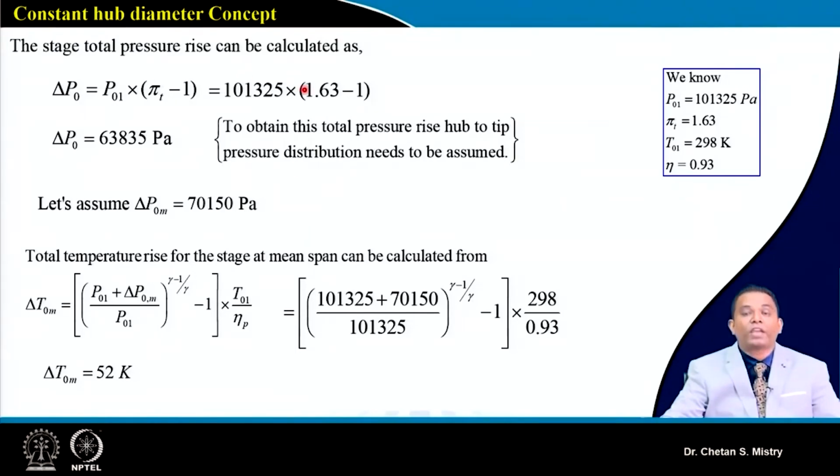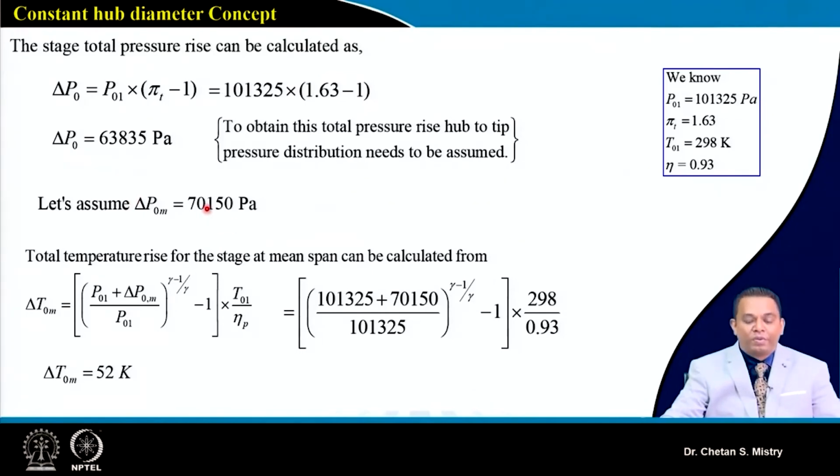So here also we can assume our pressure ratio to be 1.63, and later on we can modify the total pressure ratio or expected pressure ratio as per the design. But in order to reduce the iteration, we are not doing it like that. Let's assume our delta P0 at the mid station to be on the higher side.